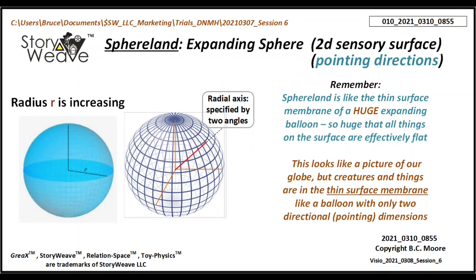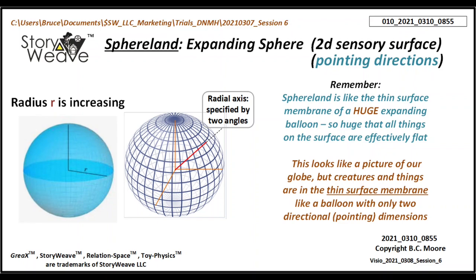Image 010 just illustrates a globe, a balloon expanding, a sphere expanding, and really this is really about the surface of it. It's like a thin membrane, so you have little flat 2-dimensional creatures. The sphere is taken to be so huge after it grows that any little section where inhabitants are is just flat, like Texas is flat on our globe. So there are 2 different pointing directions.